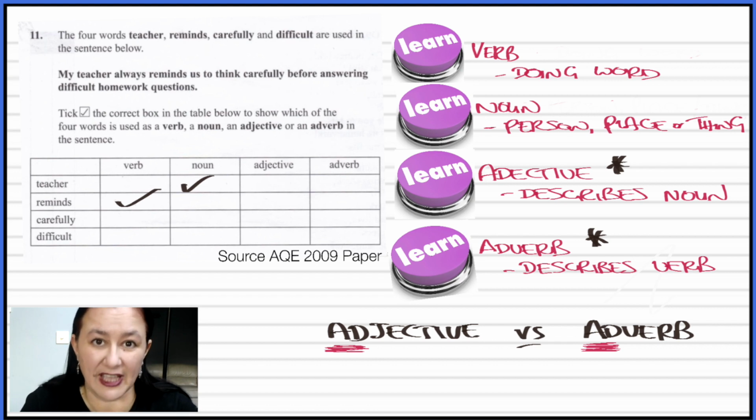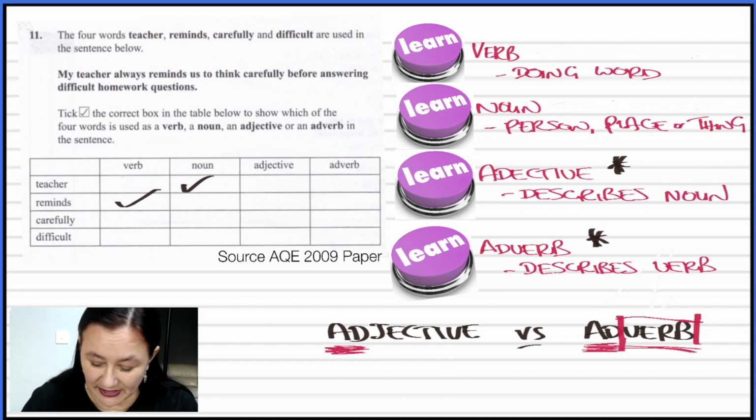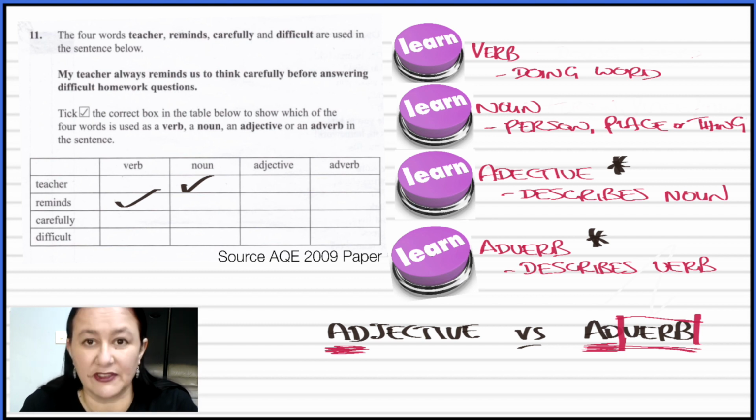They both have the word ad in front of them, and in Latin that means belong to, and in this case it's describing one or the other. But if you look at what the adverb is describing, it's got the answer at the end of it. It says it's the verb.